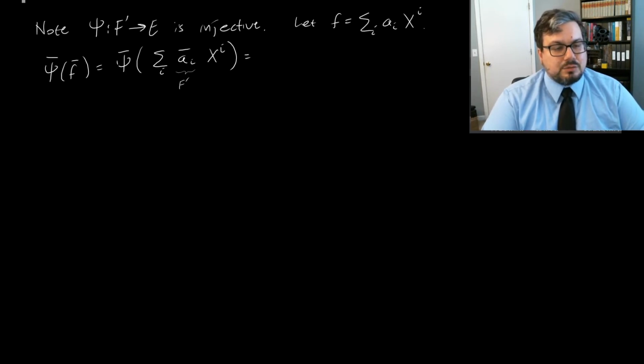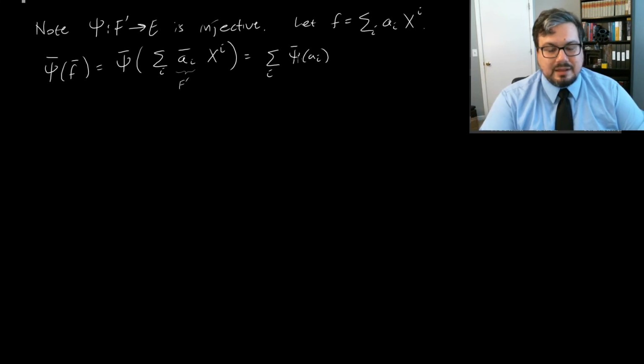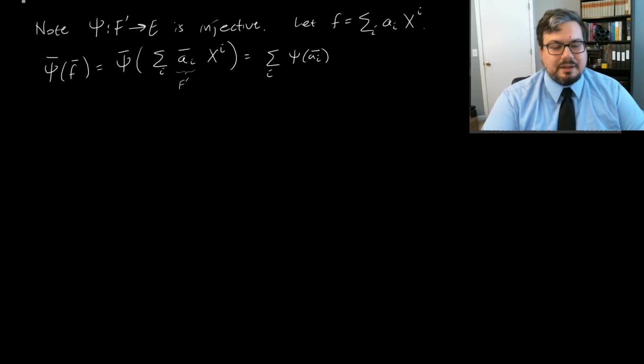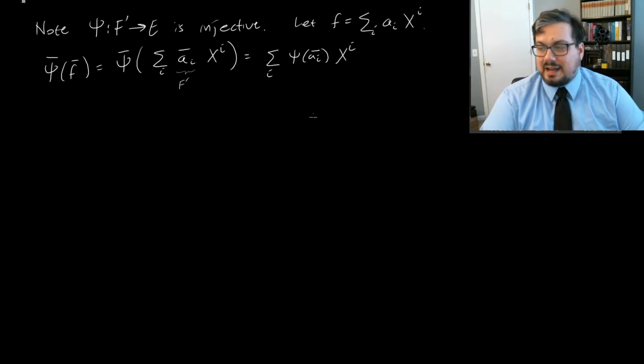Now, psi bar is a ring homomorphism, so that means that we can bring it inside. And in fact, the definition of psi bar means that we will turn it into psi of a_i bar times x to the i.